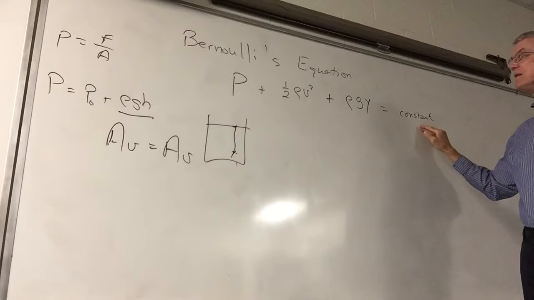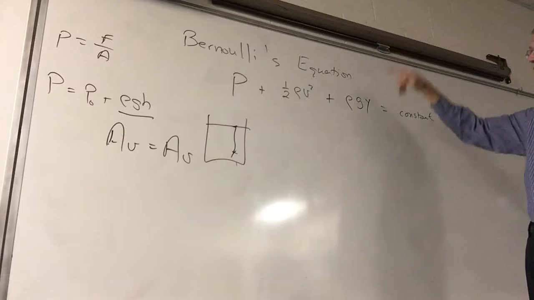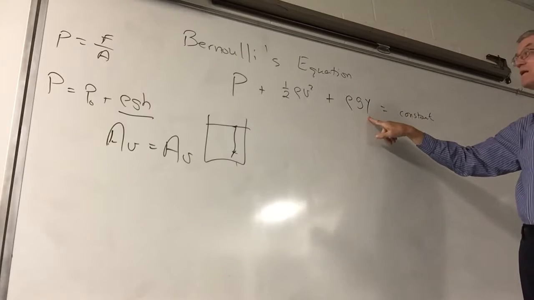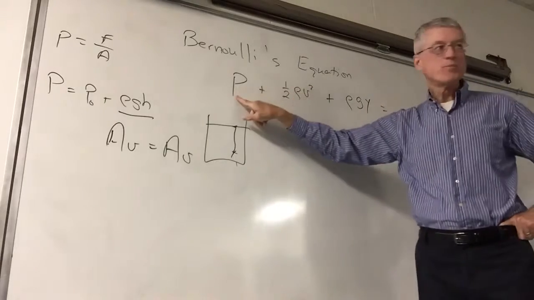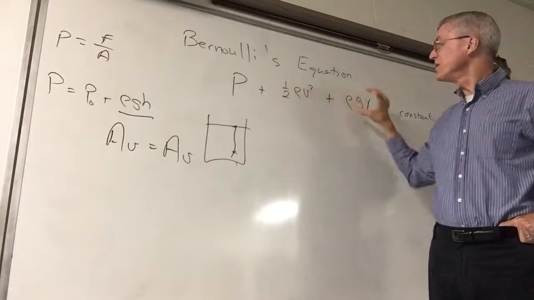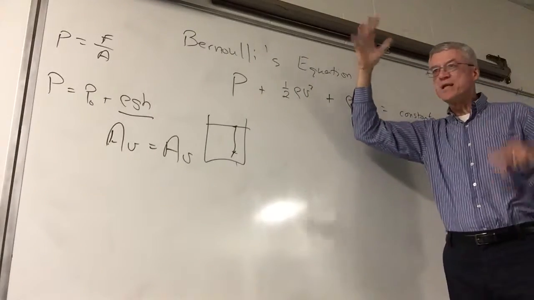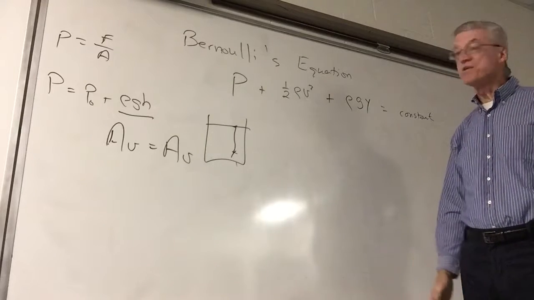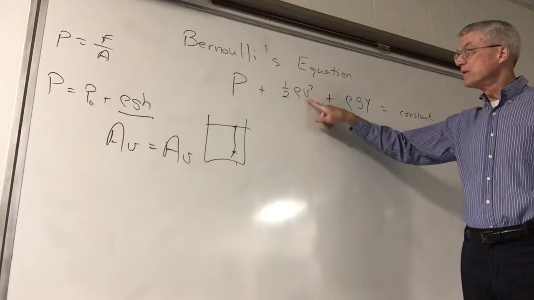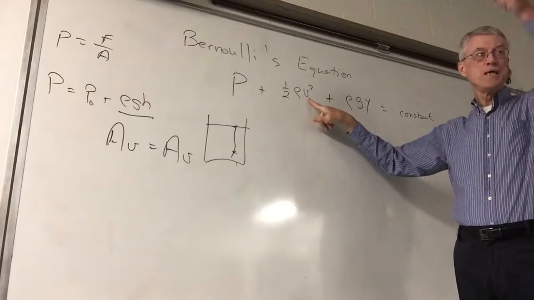Now the same would be true if we went up higher in the atmosphere. That's y. If you go up higher, that's increasing y, and that would have to decrease pressure. So this equation explains why the air pressure is less when you go up in the atmosphere. Let's say the wind is not blowing at all, so the v doesn't change as you rise.